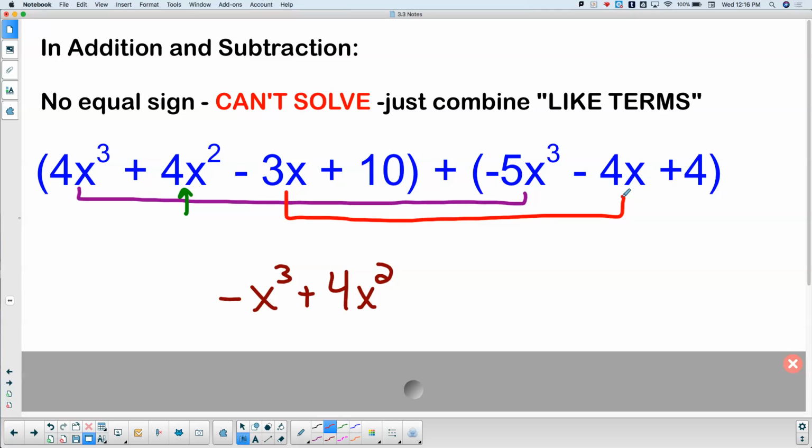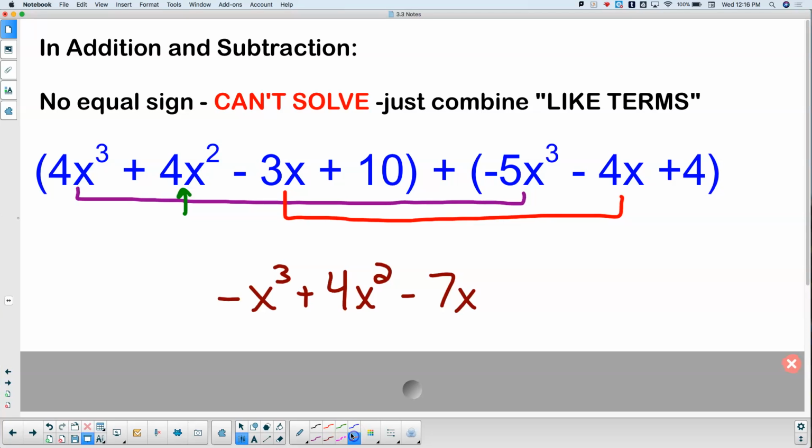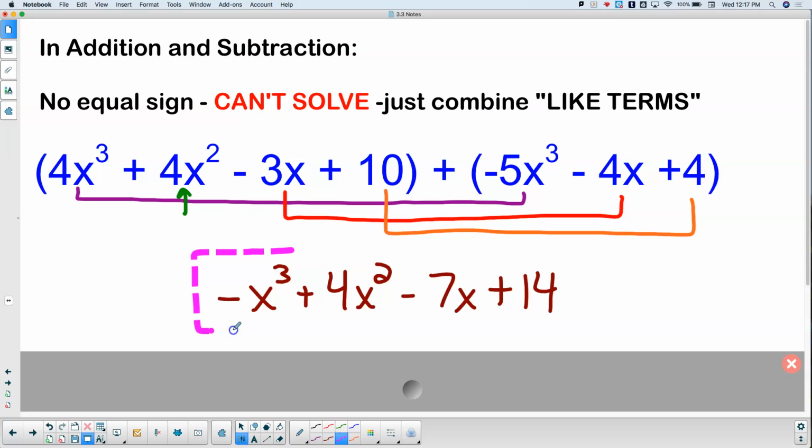Negative 3x plus negative 4x is negative 7x. Then I look at numbers. 10 plus 4 is 14. So this is as far as I can go.